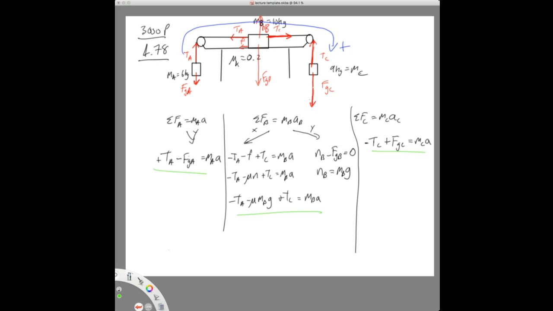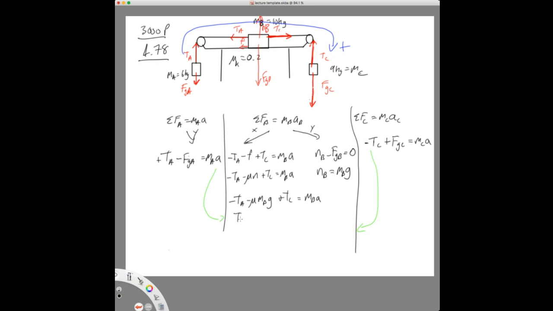Okay, so I'm not going to keep them underlined because I'm going to copy them and stack them on top of each other. So this equation I'm going to bring over here, and this one I will bring under there.